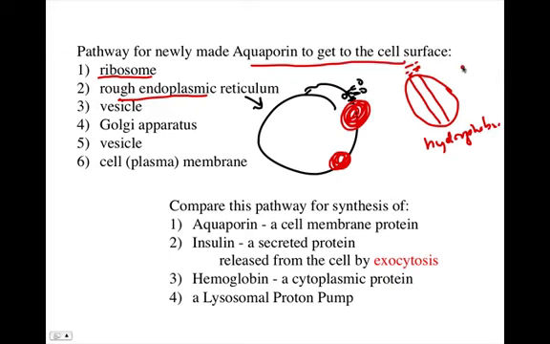The little vesicle fuses with the Golgi, like two bubbles coming together, so that initially it looks like this, and then later like this, and then later it's just part of the membrane. So the newly synthesized aquaporin ends up delivered to the membrane of the Golgi.